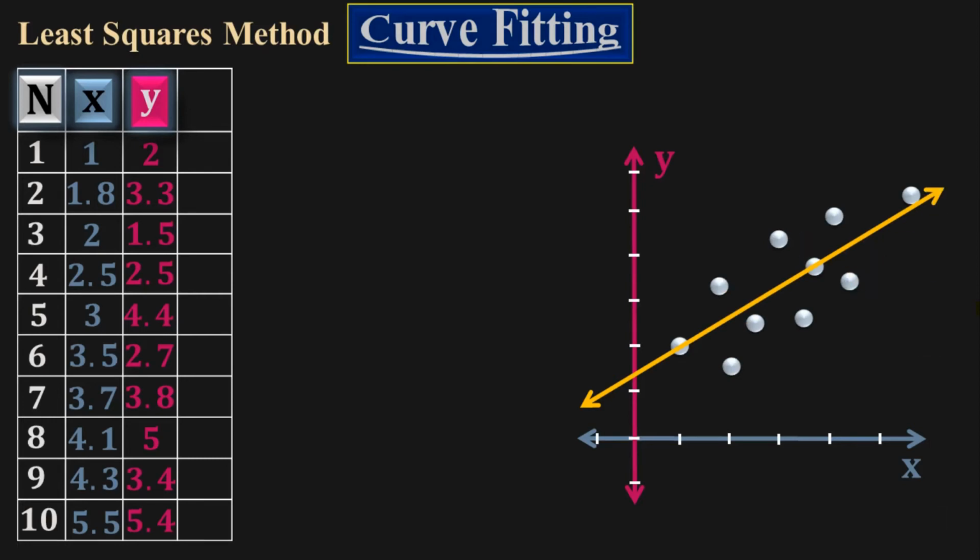Let me take the vertical distance like the first point, distance number 1, and the second is distance number 2, distance 3, distance 4, distance 5, distance 6, distance 7, distance 8, distance 9, distance 10. Look, whenever you take the distance from the curve up to the points, you have to take it vertically.